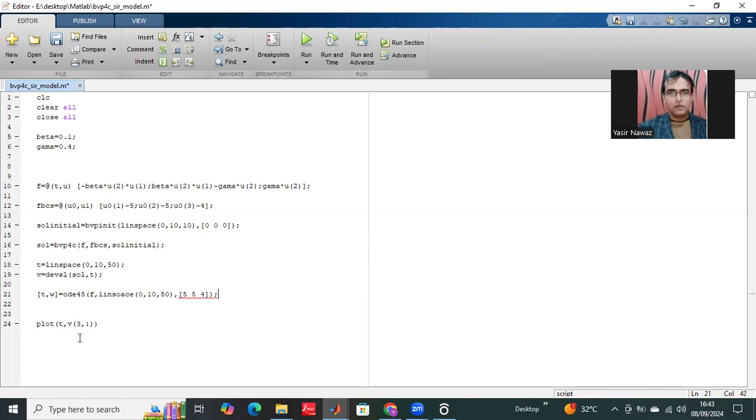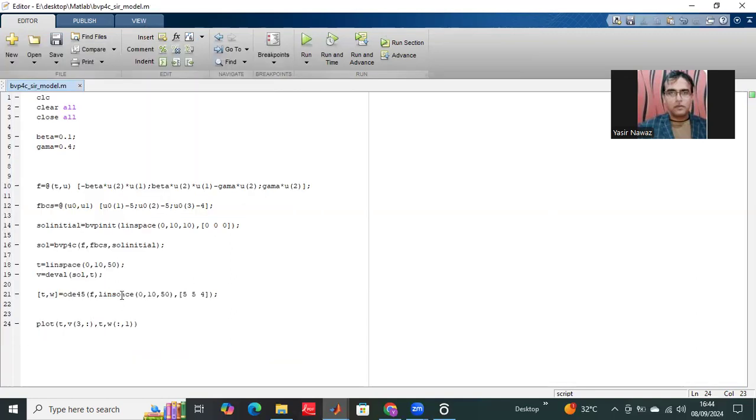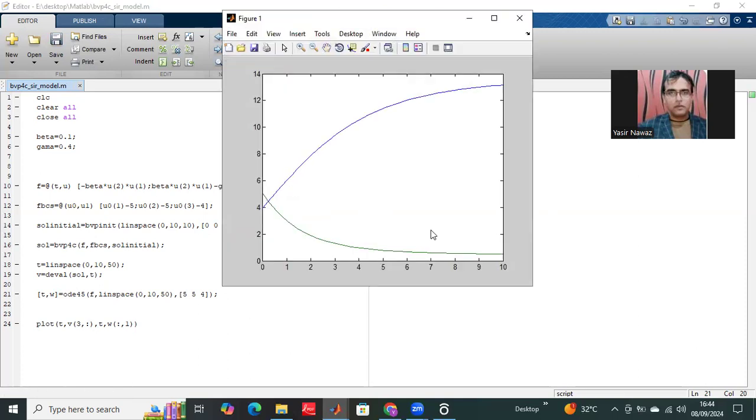So if I plot, what will happen if I use the ODE45 solution as well? So that's the recovered, that's the susceptible.